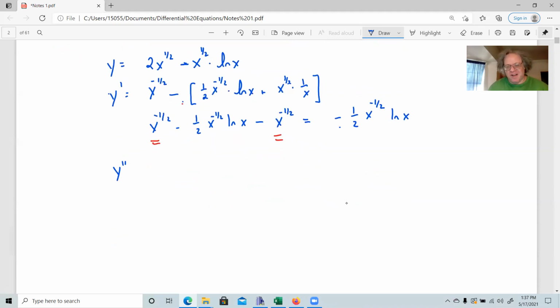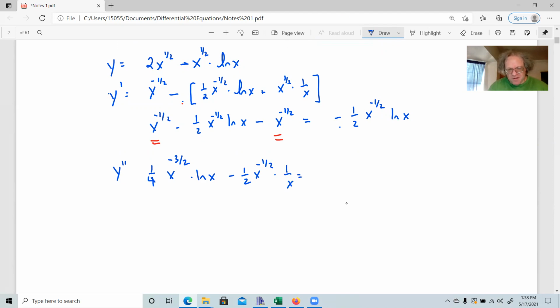So now we have to take another derivative. Derivative of the first, that's going to be 1/4, 1/4 x to the what? Negative 3/2, times the natural log of x, plus, no sign changes here, the first times the derivative of the second, that's 1 over x.